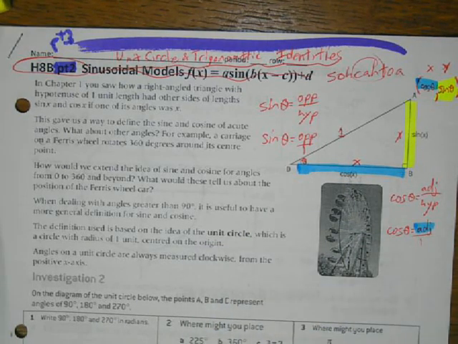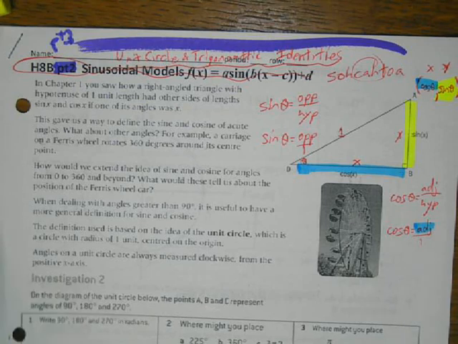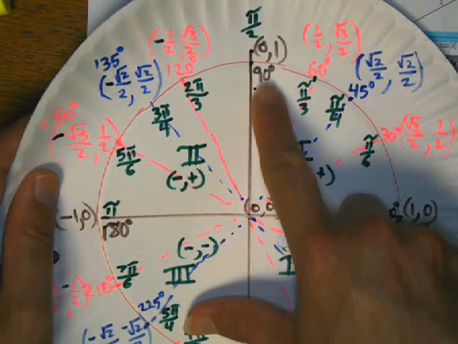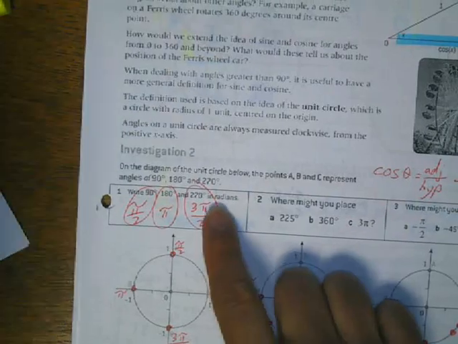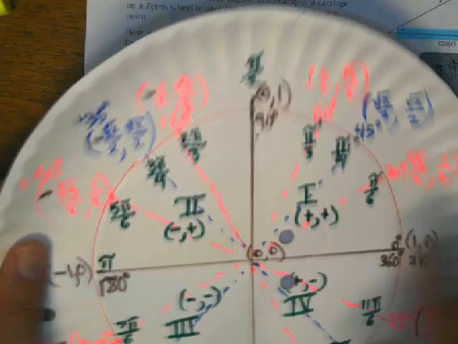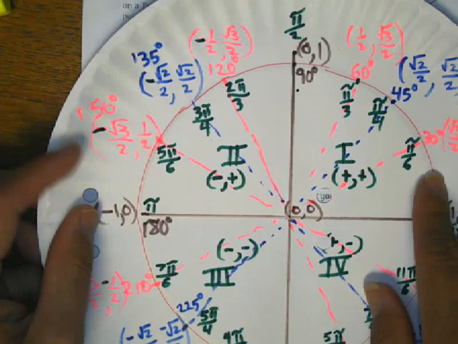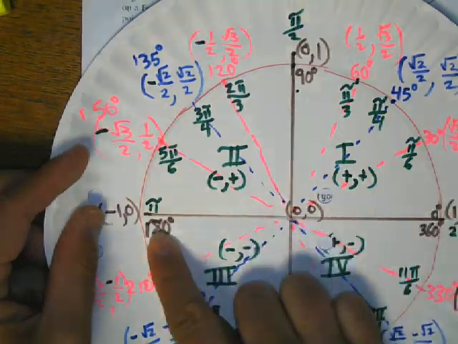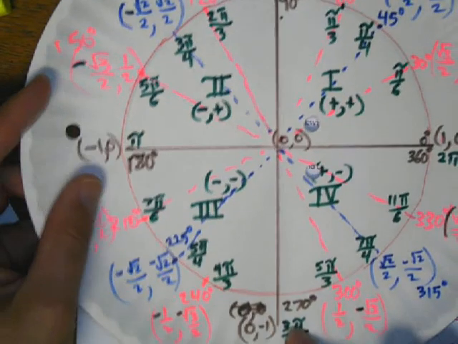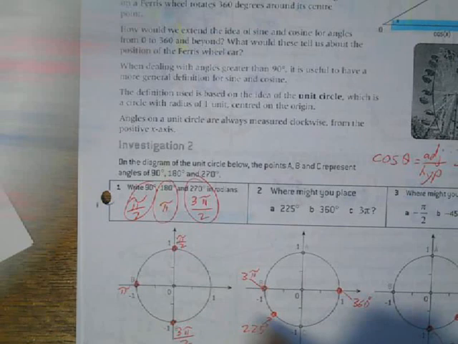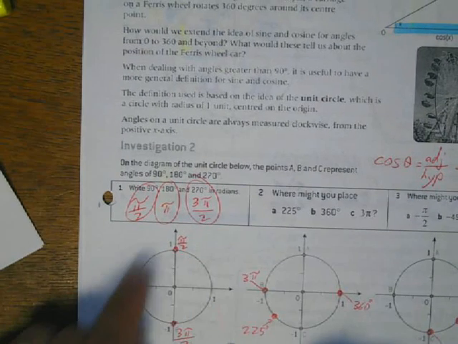Okay, so once again, on the unit circle, at 90 degrees, we're at pi over 2. At 180 degrees, we're at pi. And at 270 degrees, we're at 3 pi over 2. Okay, and I've plotted those points on the circle.